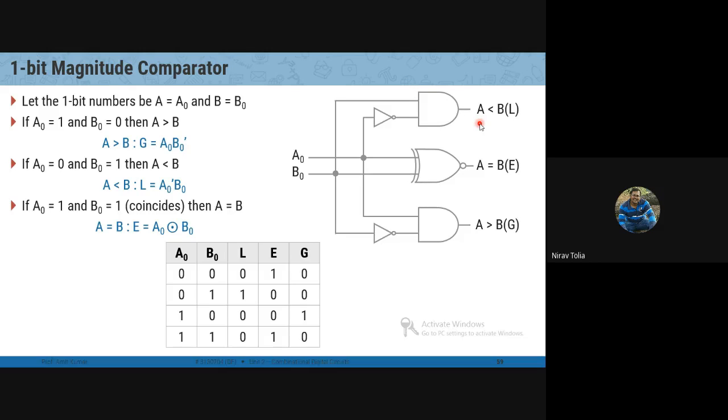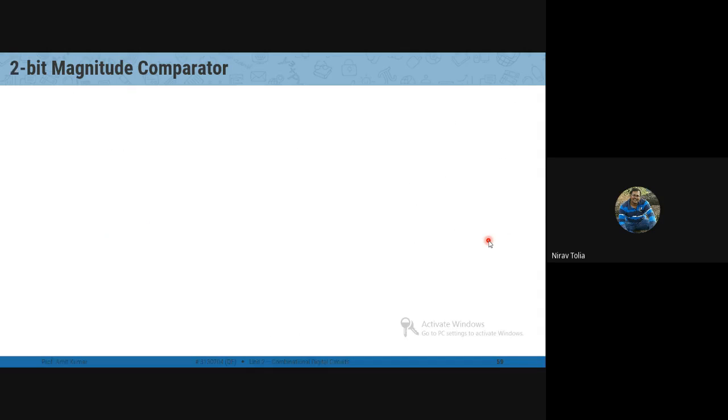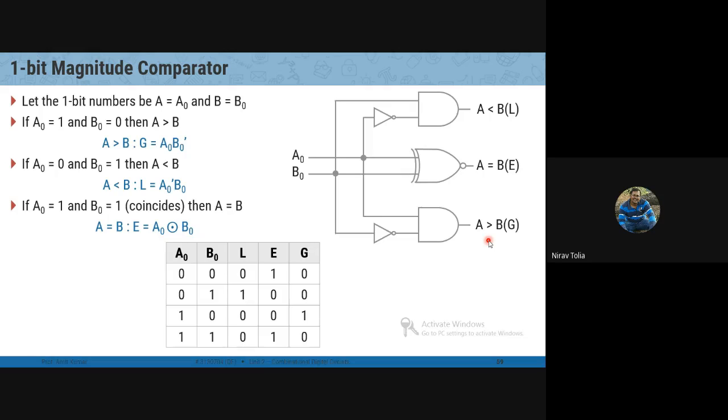So A0 dash B0 is for A less than B, and A0 B0 dash is the circuit of A greater than B. So this is the truth table and the logic diagram of a one-bit comparator.